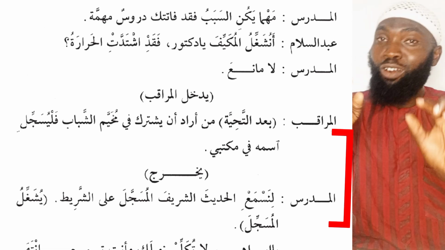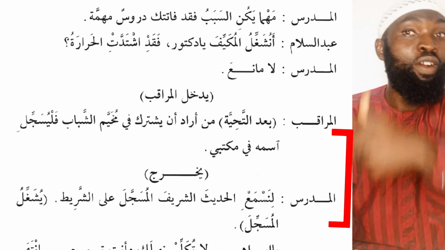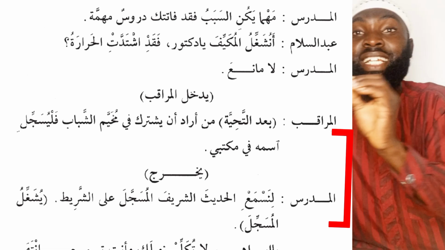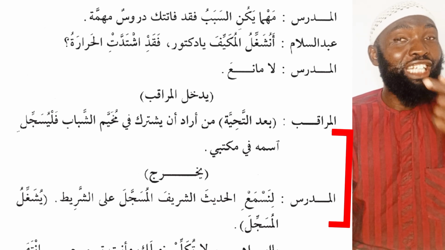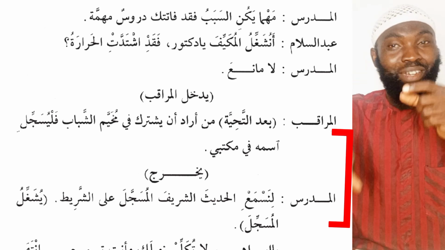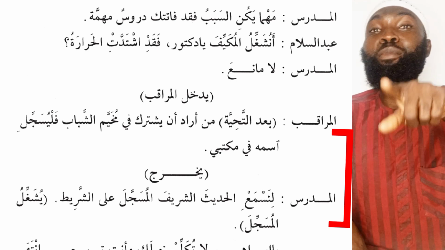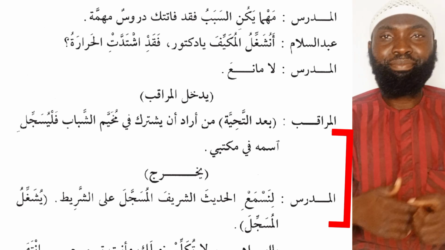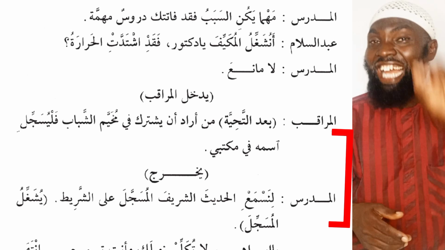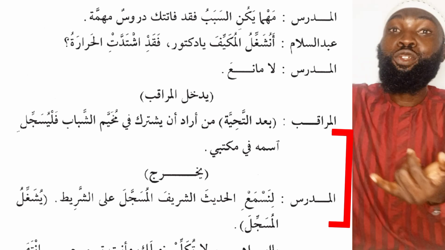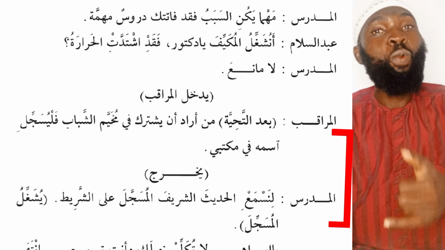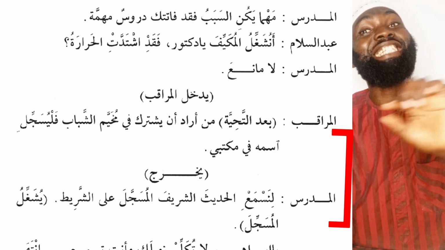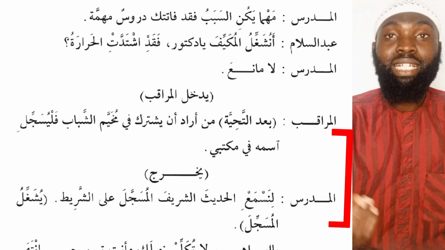Recall that the Muraqib said, "Falyusajjil ismahu fi maktabi," he should register his name in my office. Now, yushaggalul musajjal, the recorder is being engaged. From the word sajjala, we have yusajjilu, which is to register. We also have musajjal, or musajjil, which is what?